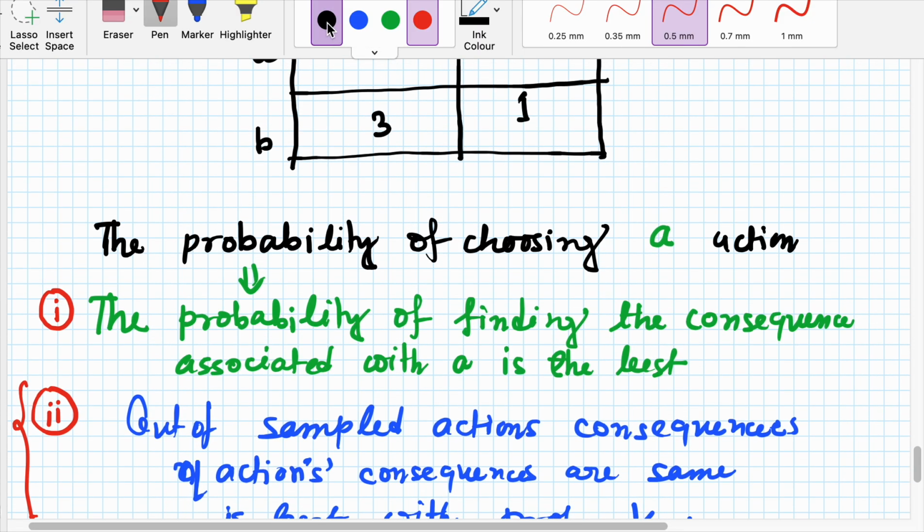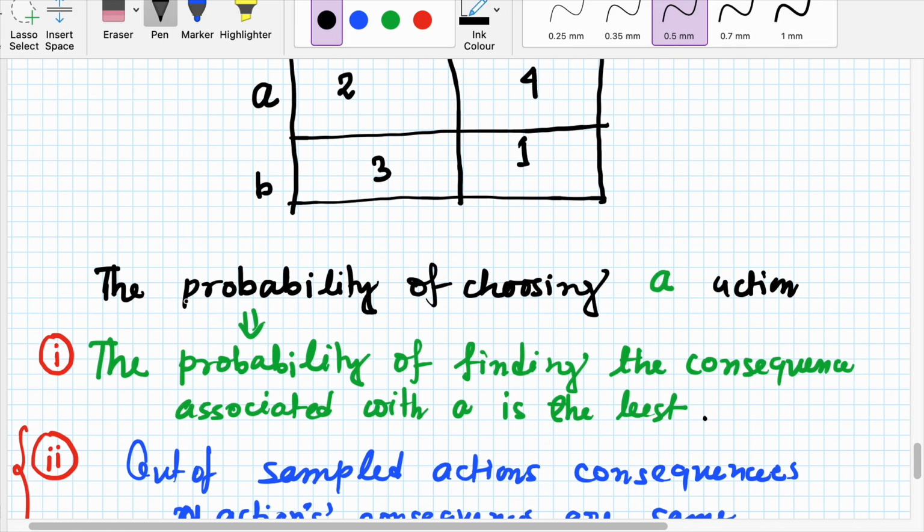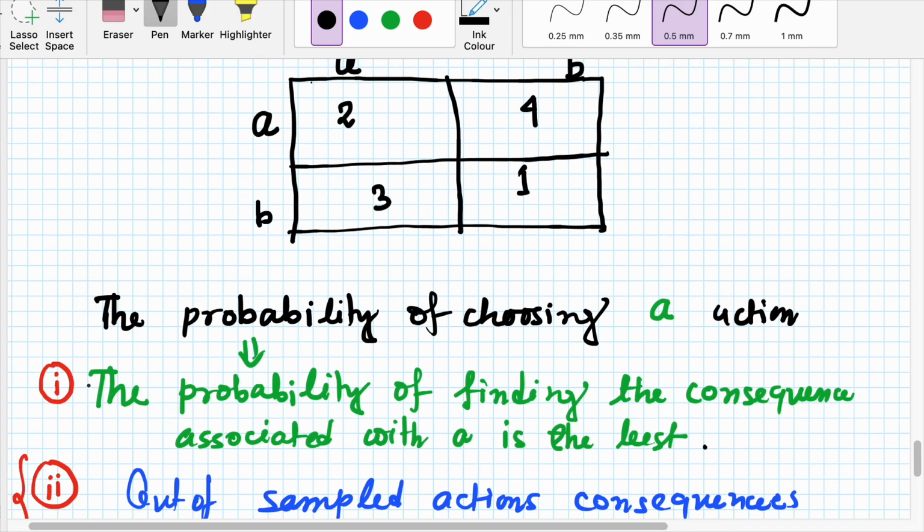Now let us focus on the first property of the sampling equilibrium. Why is it the equilibrium property? Because if she finds that the consequence associated with A is best with the same probability as the probability with which she is choosing the action A in the sampling equilibrium, that means she does not have to change her strategy anymore.